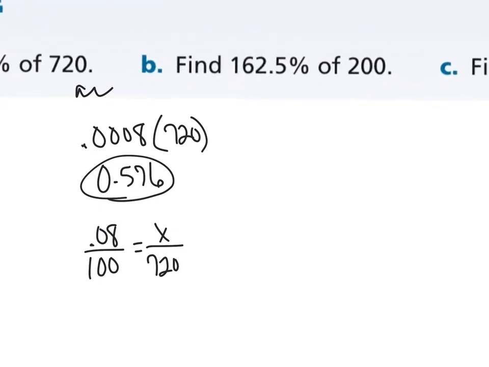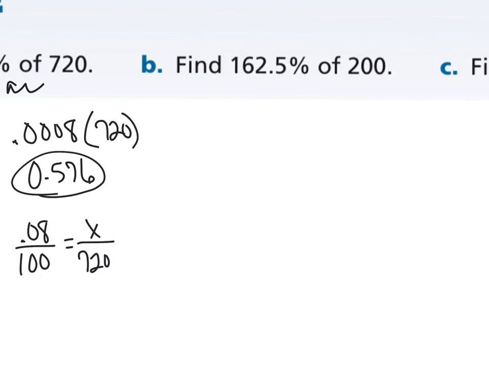So for part B, 162.5%, we're taking over 100%, so our answer is going to be bigger than what we started with. Okay. One common misconception people have when they're working with percents, they think when they change it to a decimal, the decimal always goes right before the first number. It's not the case.